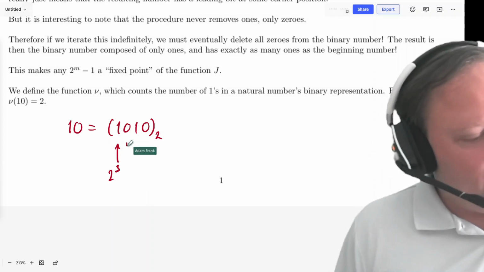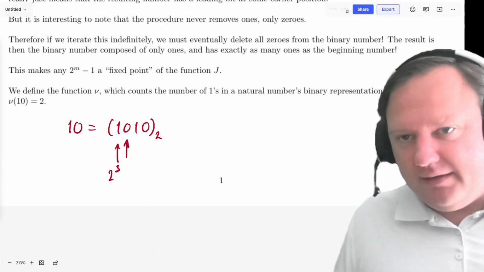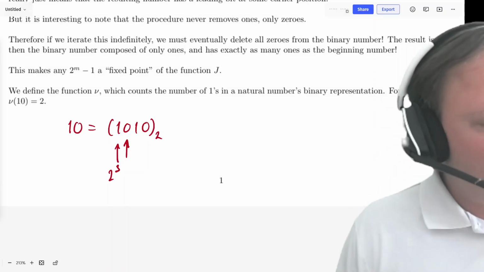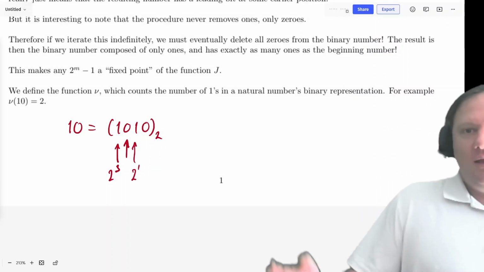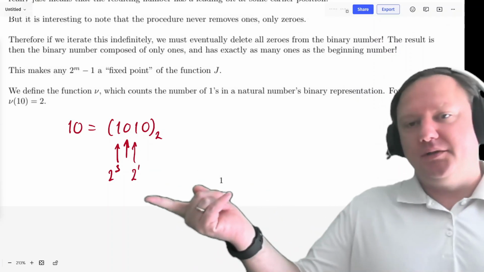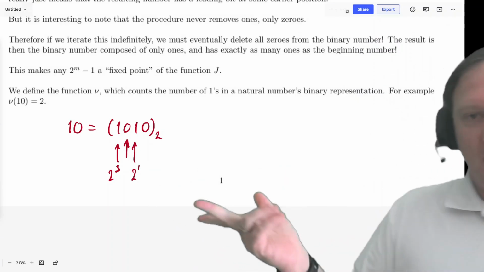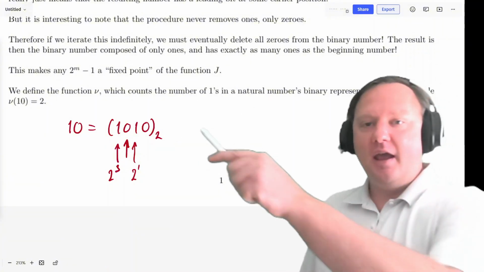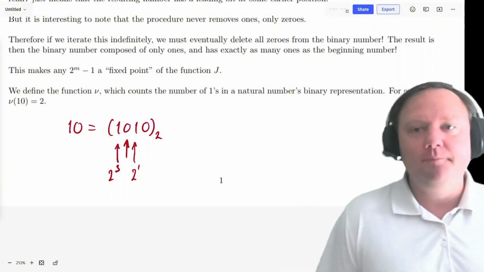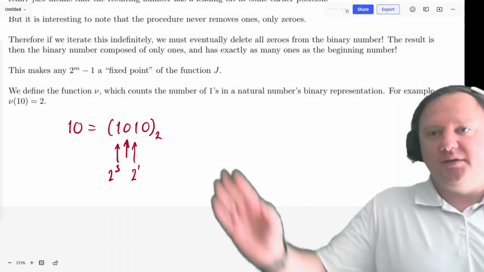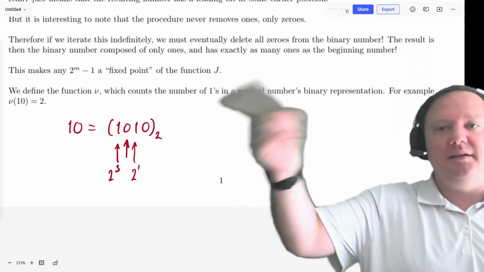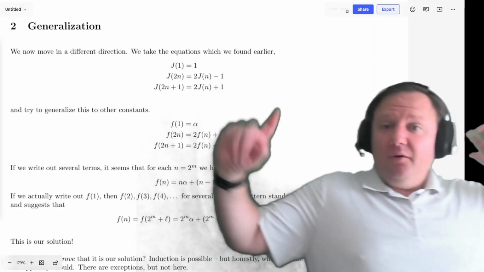I don't want 4, so I leave that as a 0, but I do want another 2. That's my 2 to the 1 position. And so 2 to the 3, 8, plus 2 to the 1 is equal to 10. So there's the binary representation of the number 10. And you can see that it has 2 1s in its binary representation, so nu of 10 is equal to 2.